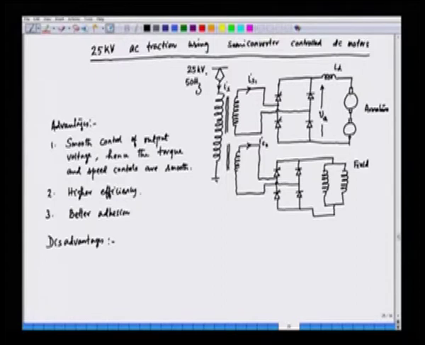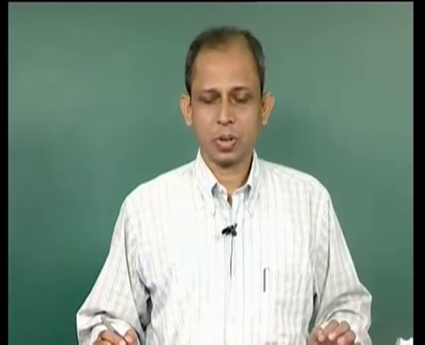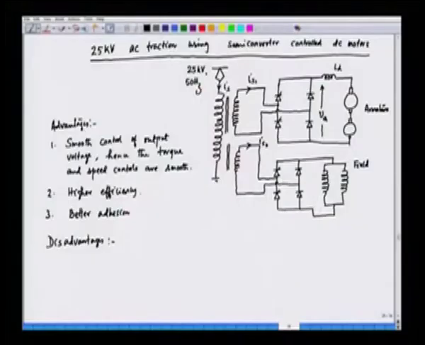Now, when we employ a semi control converter, this input current IS contains harmonics. The input current is not sinusoidal. They are basically rectangular currents. The current is not sinusoidal, and hence they contain harmonics. So, the harmonics are drawn from the supply.